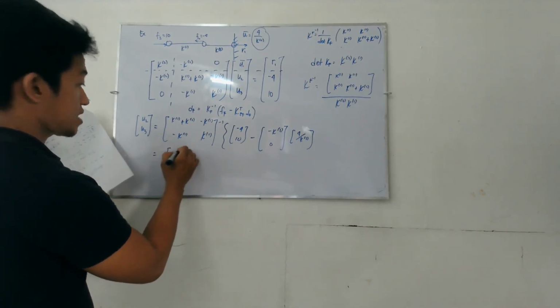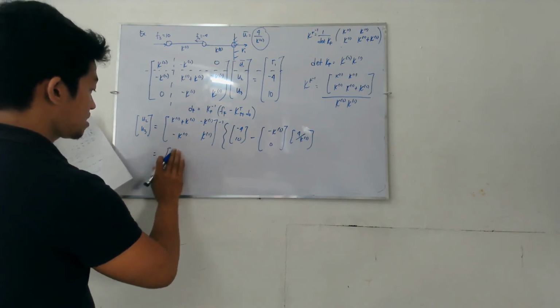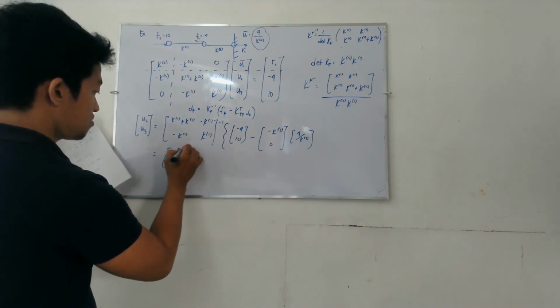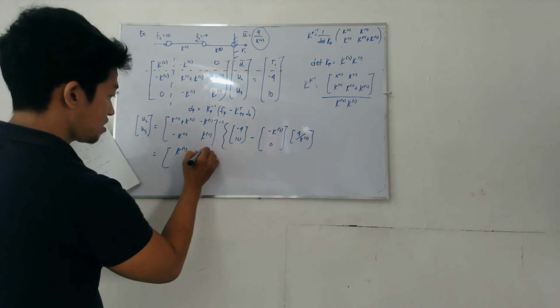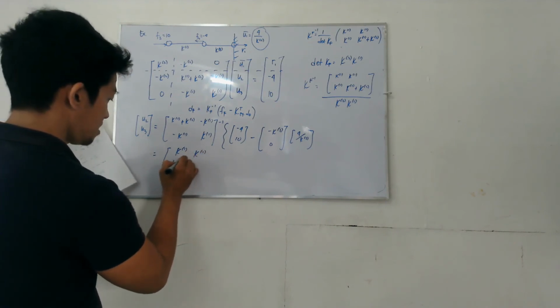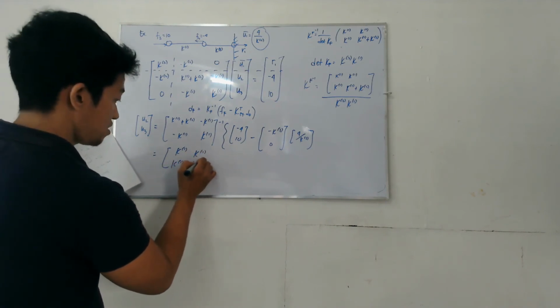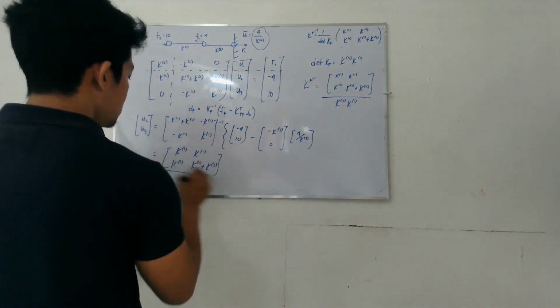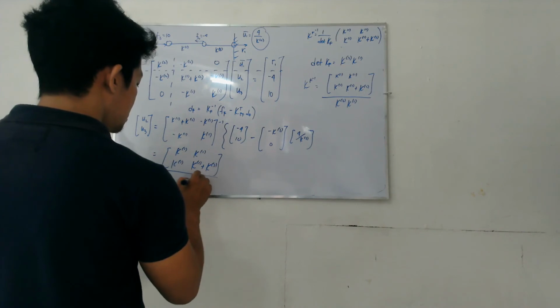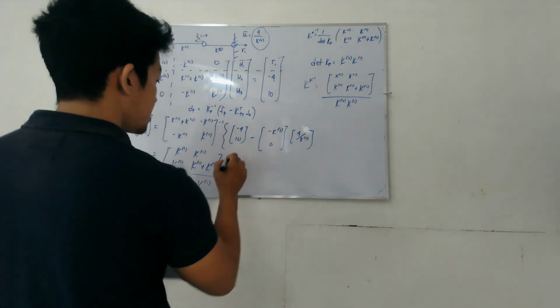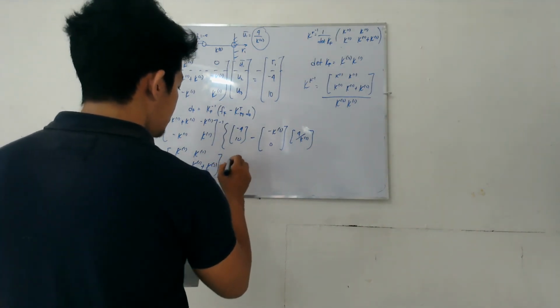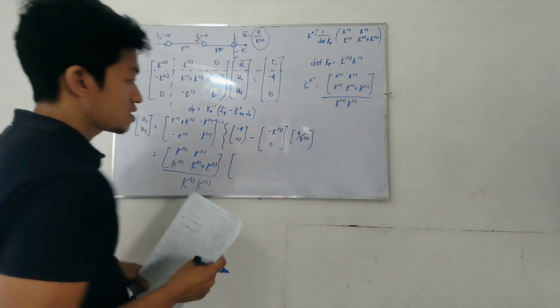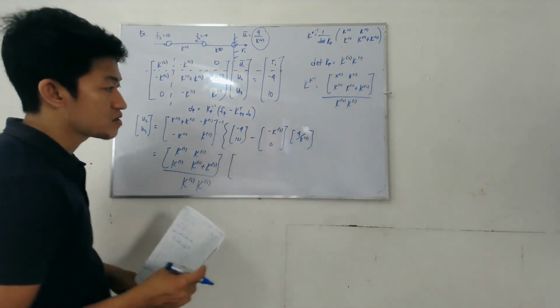K1, K1, K1, K1, tas K2 over K2 K1 times ito na lang i-simplify lagi.